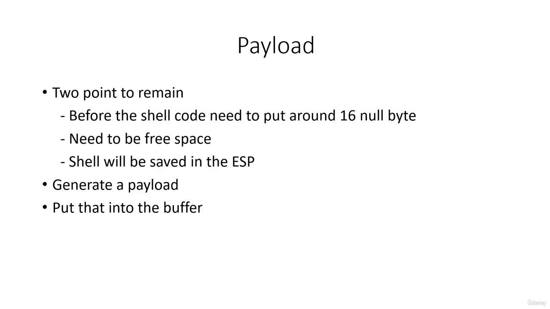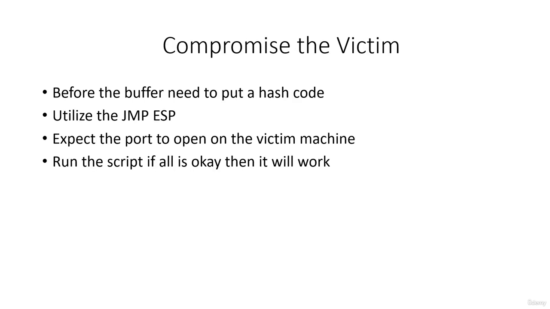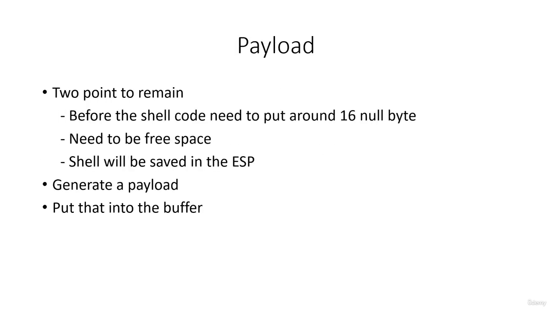Usually the first shell code, I have to put around 16. It is important because according to that it will leave some space to be executed, but don't forget that we need to do the ESP, and the ESP would not execute by itself.